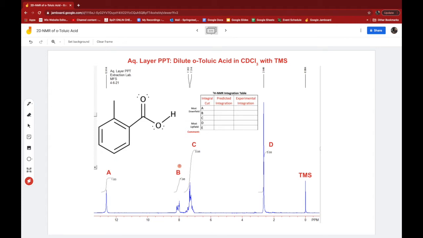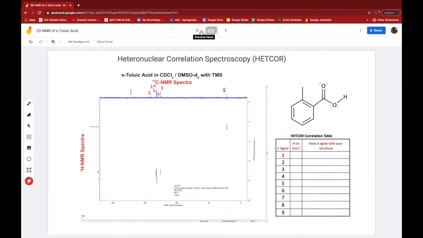My first signal I see on my HETCOR is B at about 8 parts per million. So that's where I'll put the B, and then there's C and D. So I want to do this correctly. I'll make this signal B because A is off scale.